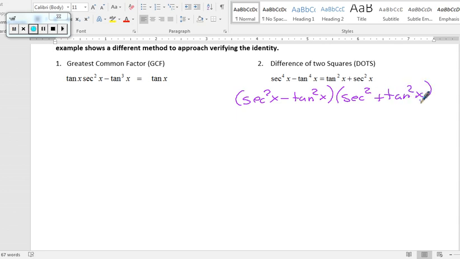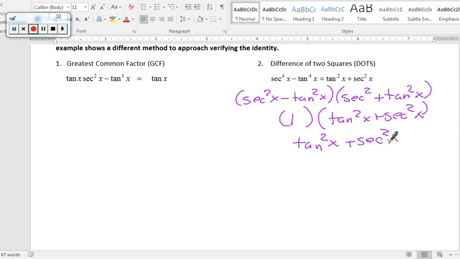As we used this identity before, it is just subtracting that tan squared x to the other side of the secant. This is the same thing as 1. We will show the replacement. Since addition is commutative, we are allowed to switch the order here. And then when you multiply by 1, we wind up with tan squared x plus secant squared x.